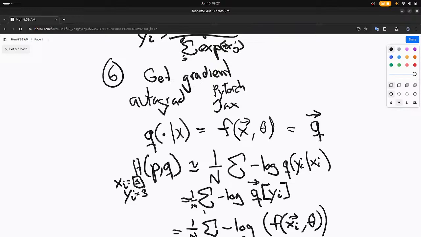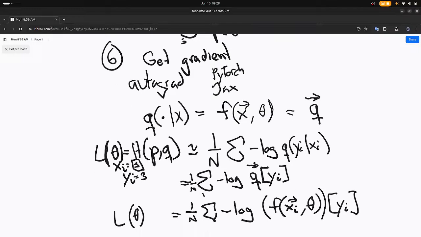This is q, and then you take the yi'th entry in it. So at least now we see that we have a function L, and then we say I actually care about the parameters theta. The parameters theta is a function of a lot of things.